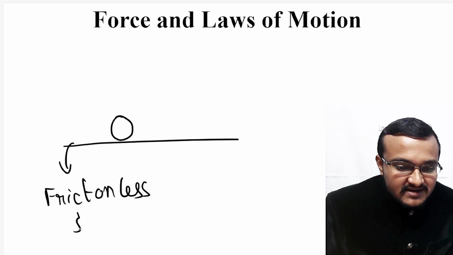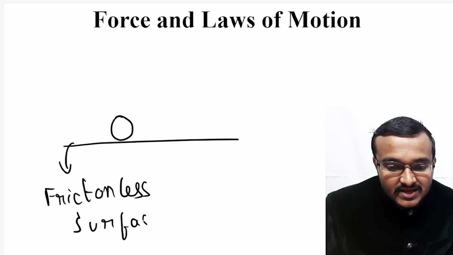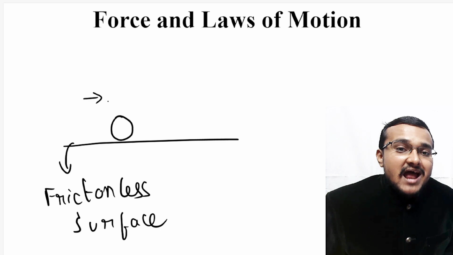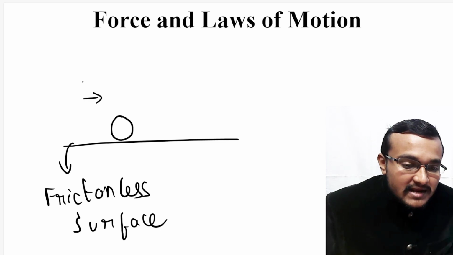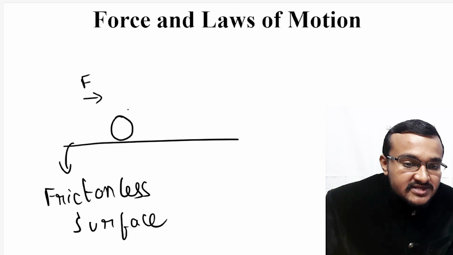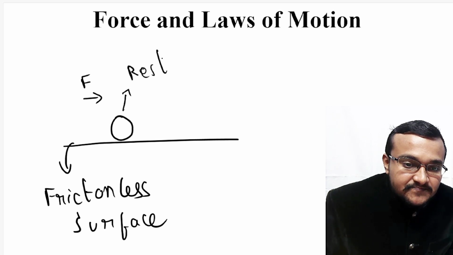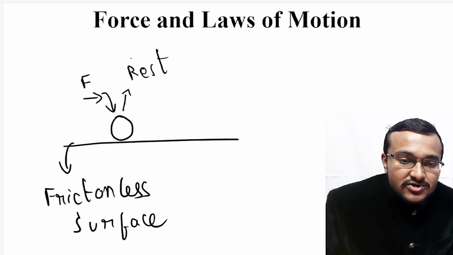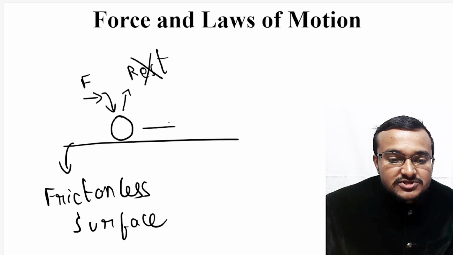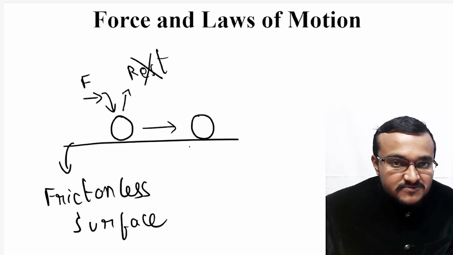So if you are applying a necessary amount of force, unless and until you apply this force F on this object, this object will continue to remain at rest. So only when you apply this force is this rest state broken, and the object comes to a state of motion and reaches uniform speed.